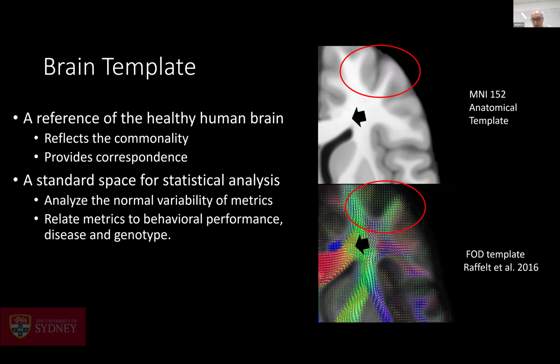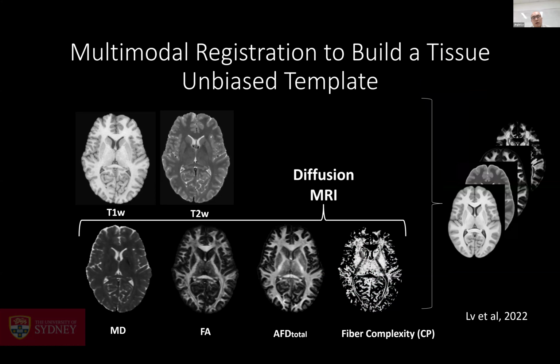Next, we propose to use multimodal registration to build a tissue-unbiased template. In our initial idea, we propose to combine the T1-weighted, T2-weighted image and also the diffusion matrices like the MD, FA, and on the right, we have the apparent fiber density and fiber complexity calculated with a fixel-based matrix.